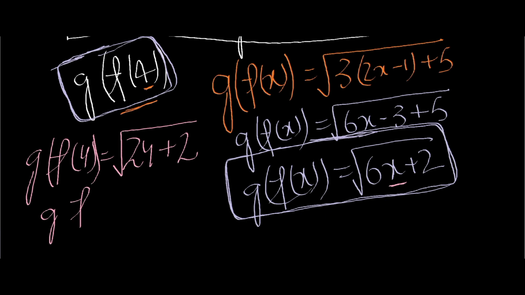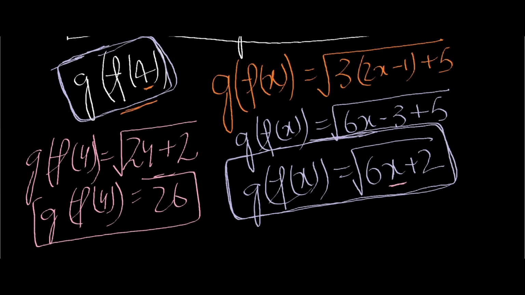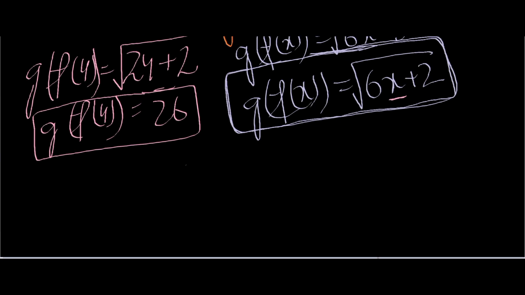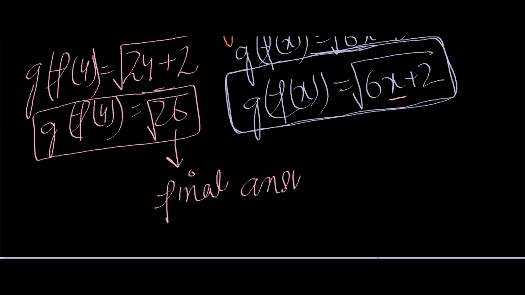This is the solution for the composite function. Oh, I again forgot the under root. So the under root of 26 is the final answer of this composite function whenever I put x equals 4.